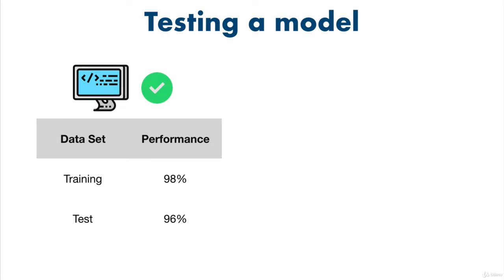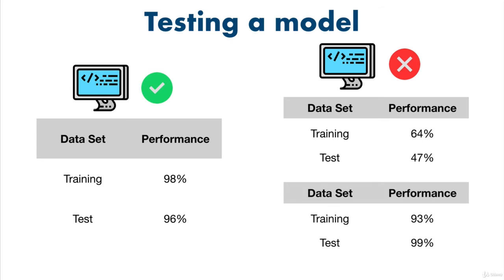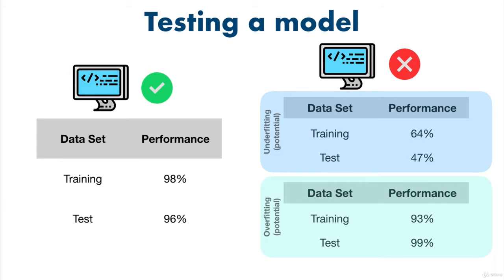A good model will yield similar results on the training, validation, and test sets. And it's not uncommon to see a slight decline in performance from the model on the training and validation set to the test set. For example, your model might achieve 98% accuracy on the training data set and 96% accuracy on the test set.